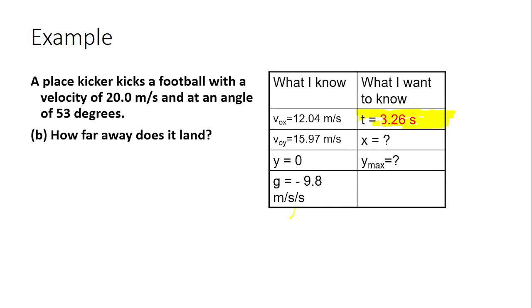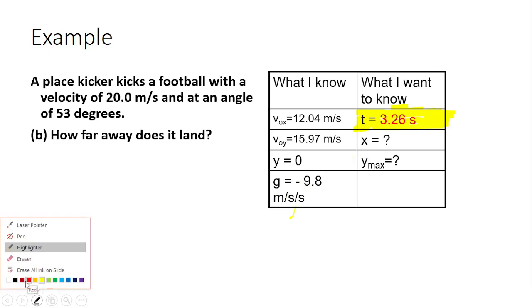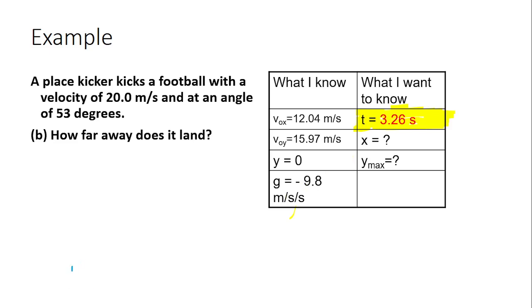I think we can all see the time, the one in my writing in yellow. So now we have the time. How far away is what we are looking for. When the question says how far away, they're just asking you to look for the what?